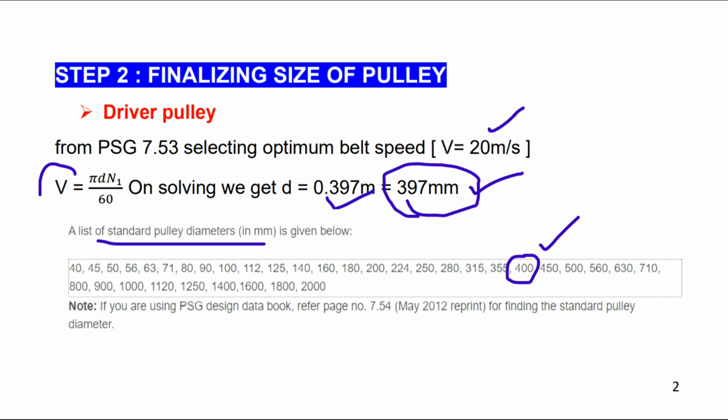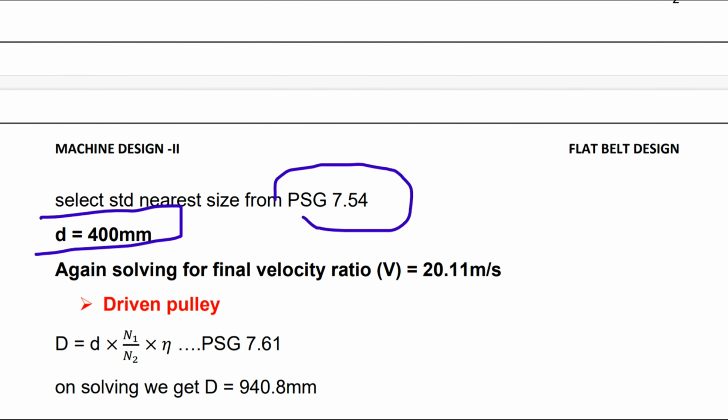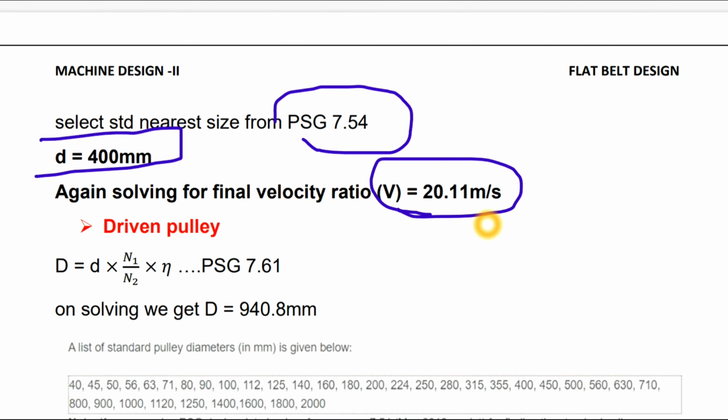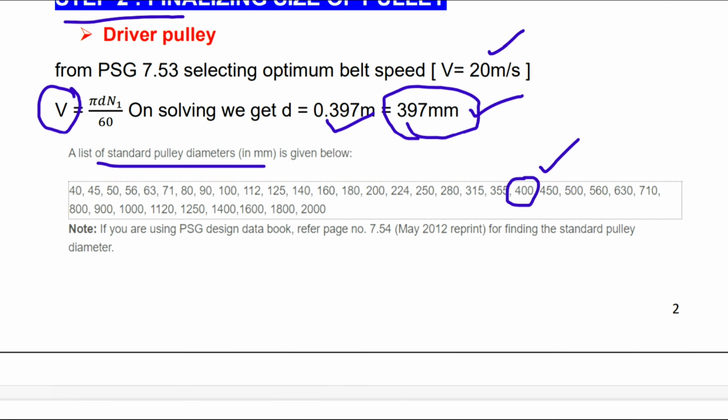You will get the exact value of V, which will be 20.11 meter per second. So we have done the driver pulley.